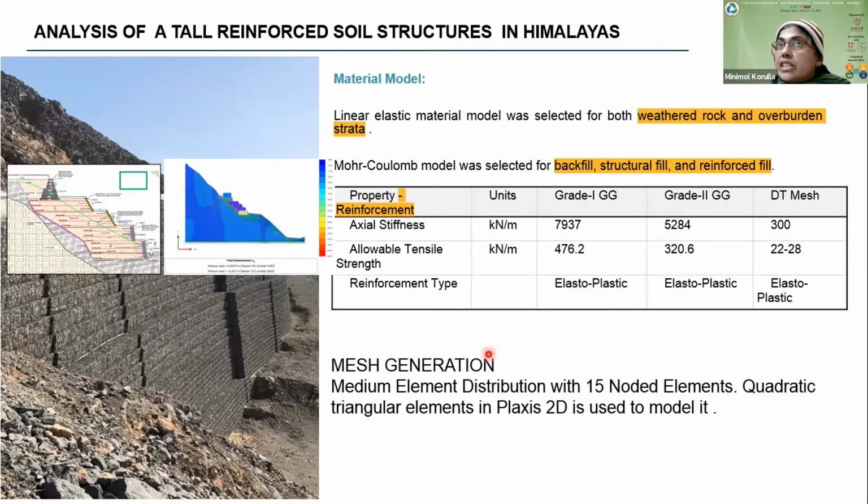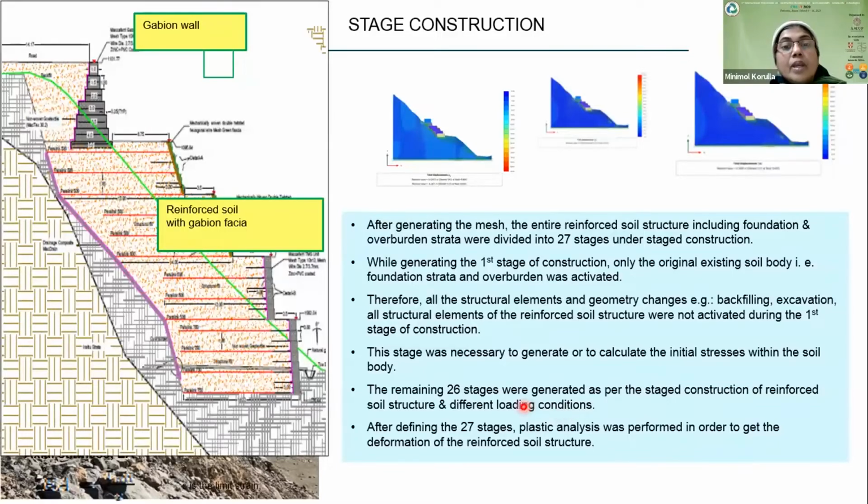And for the mesh generation, medium element distribution with 15 node triangular elements was used, and Plaxis 2D was used as the FEM software. After generating the mesh, the entire reinforced soil structure, including foundation and the overburden strata, was divided into 27 stages.